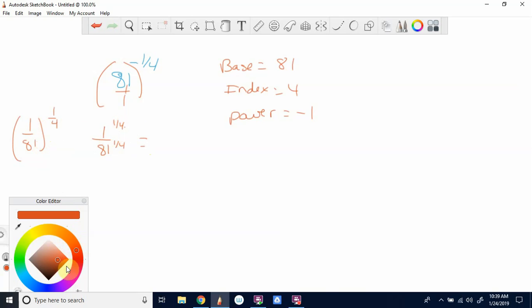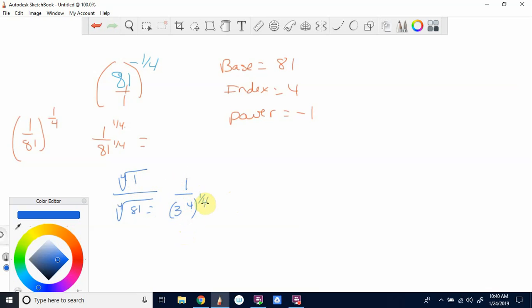So basically what we've got going on here is we have the 4th root of 1 over the 4th root of 81. Now 81 you should know is 3 to the 4th power, and the 4th root of 1 is just 1. So 3 to the 4th power raised to the 1/4.